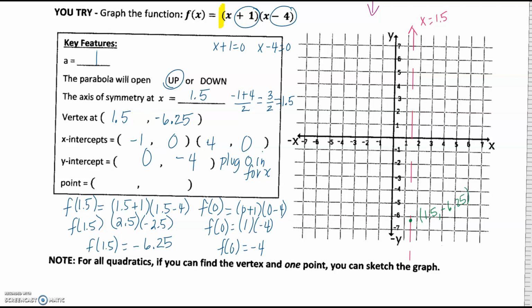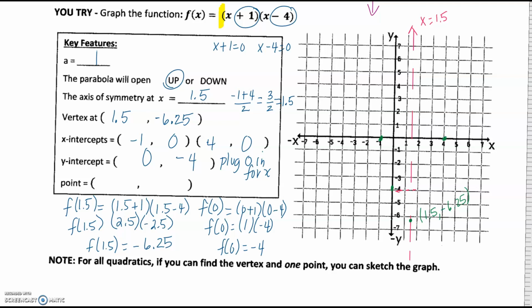Then from there, we're doing our x-intercepts. -1, 0 is on the x-axis. 4, 0 is on the x-axis. What is our y-intercept? Our y-intercept is 0, -4. Okay. How far did we go to get from this axis of symmetry? We went a half and a whole.